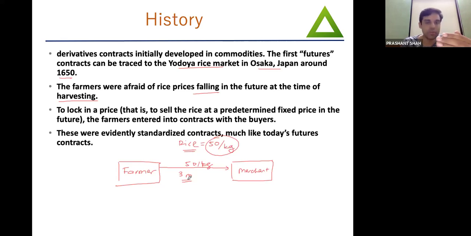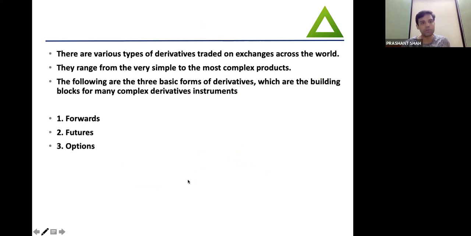It started with forwards, then came futures and options. Then there is one more that I'm going to teach separately for CWML2, that is the financial swaps. We have to learn IRS, currency swap, many things. But focusing on the basics, there are different types of derivatives that we have to learn right now. In this series, I'm not going to talk about anything other than this.